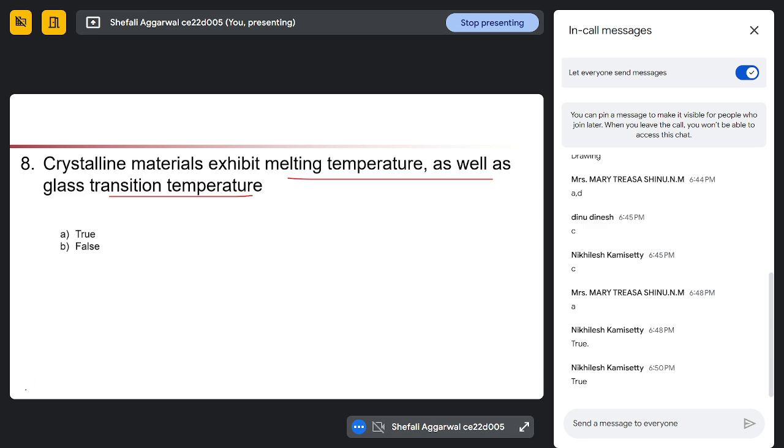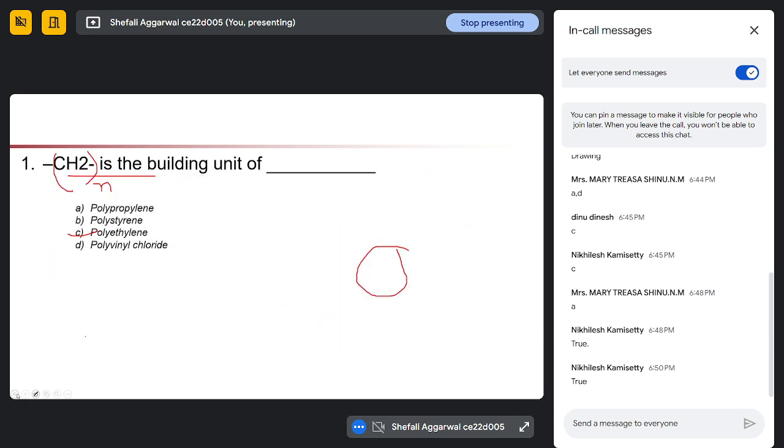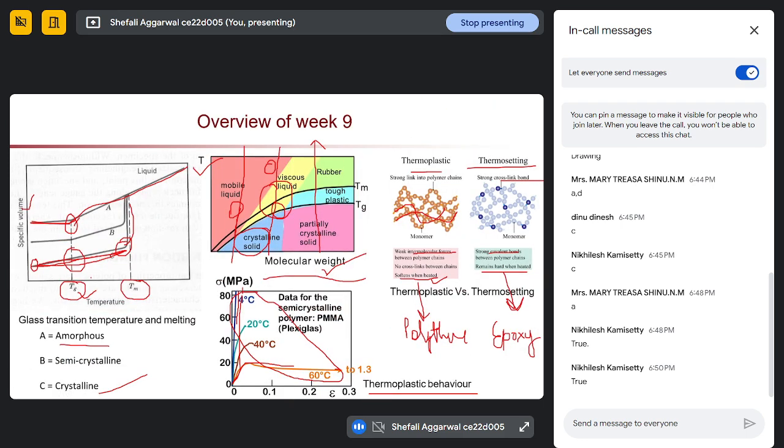Okay. The answer is actually false. I have that graph, just a minute.